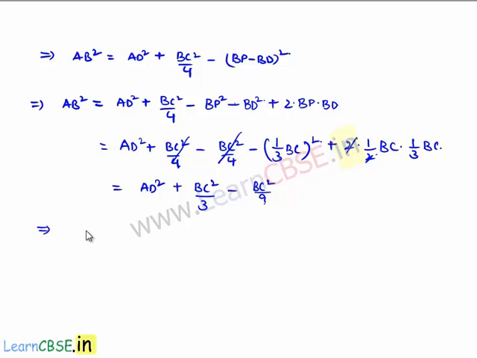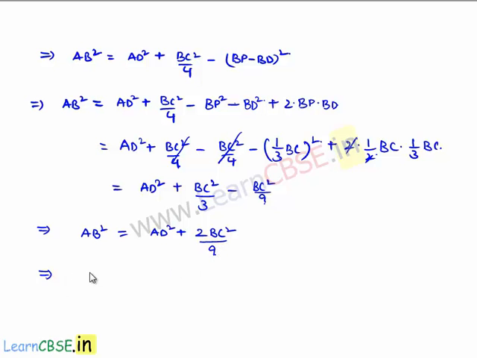That implies AB square is equal to AD square plus BC square by 3 minus BC square by 9, which is nothing but, let us take 9 as LCM here, then we get 2 BC square by 9.